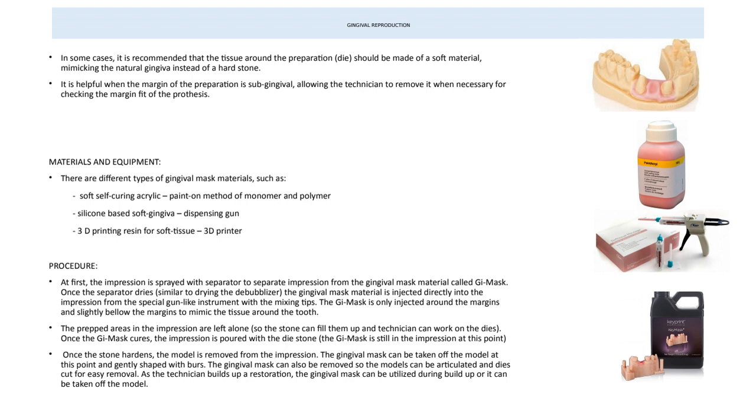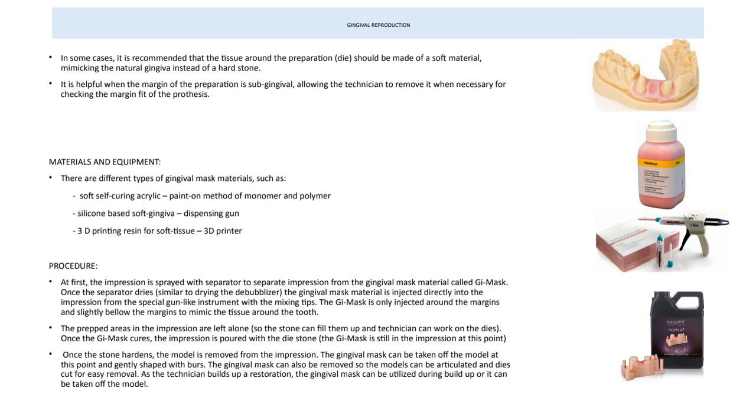Once the GI mask cures or sets, the impression is poured in die stone, and when the impression is separated from the model it should come out with that gingival mask in there. So it should be attached to the model. Once the stone hardens, the model is removed from the impression.